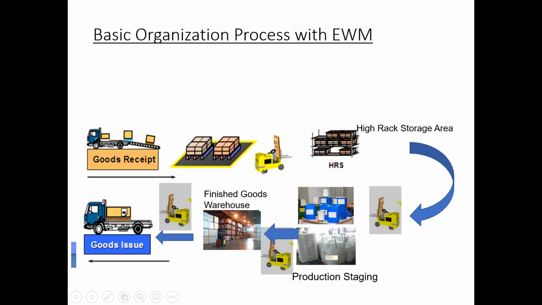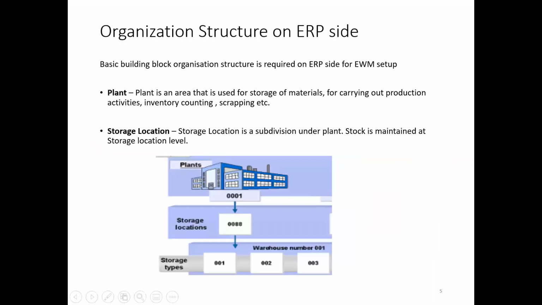As you know, on the ERP side, when you work at the material management level, the stocks are stored at the storage location level only. But when you implement the EWM, you have the warehouse which is assigned to the plant and storage location combination.